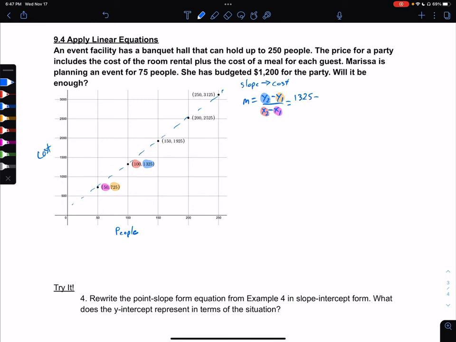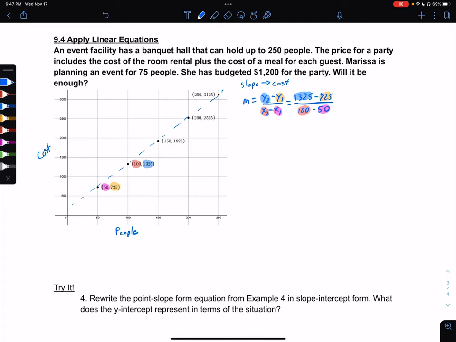So we have 1,325 minus 725 over 100 minus 50. Okay, so let's highlight that one more time so we know where everything came from. Okay.